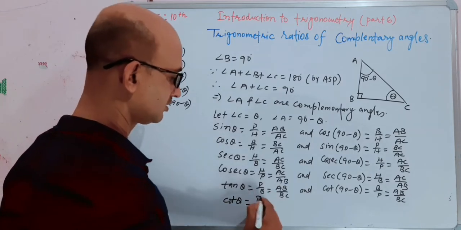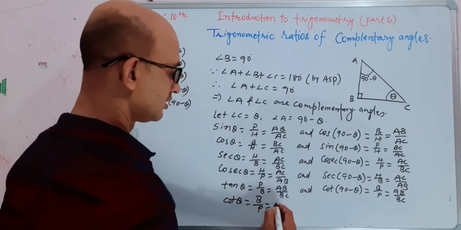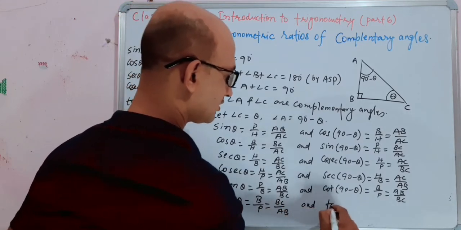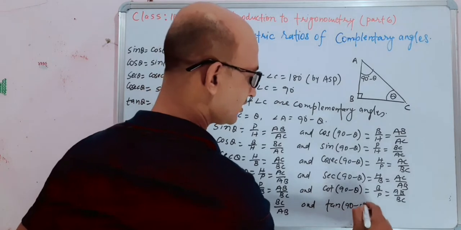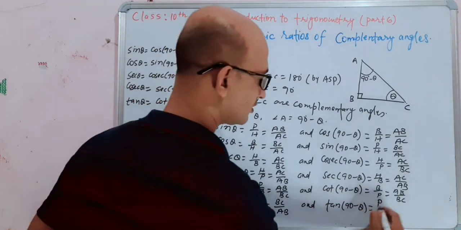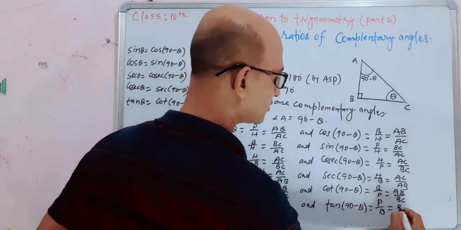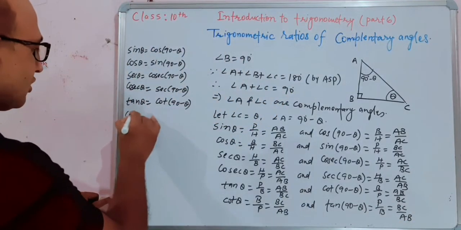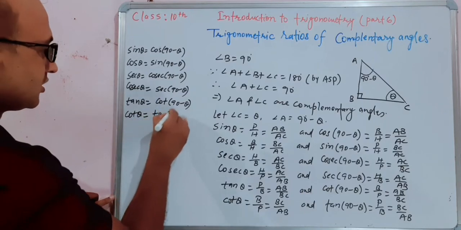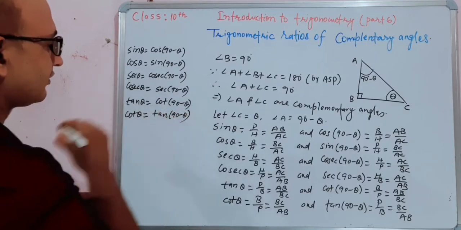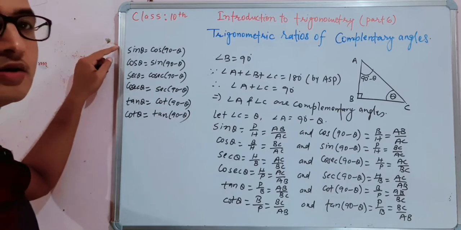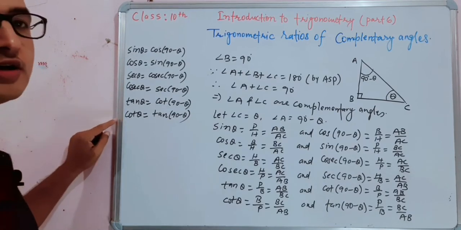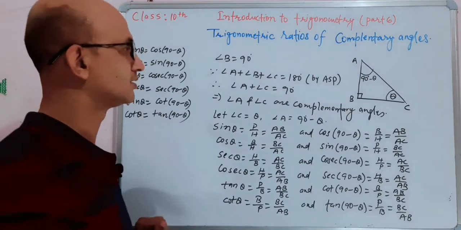Cot theta is BC by AB, and tan 90 minus theta is also BC by AB. Therefore, we can say that cot theta is equal to tan 90 minus theta. In this way, we get formula to find trigonometric ratios of complementary angles.